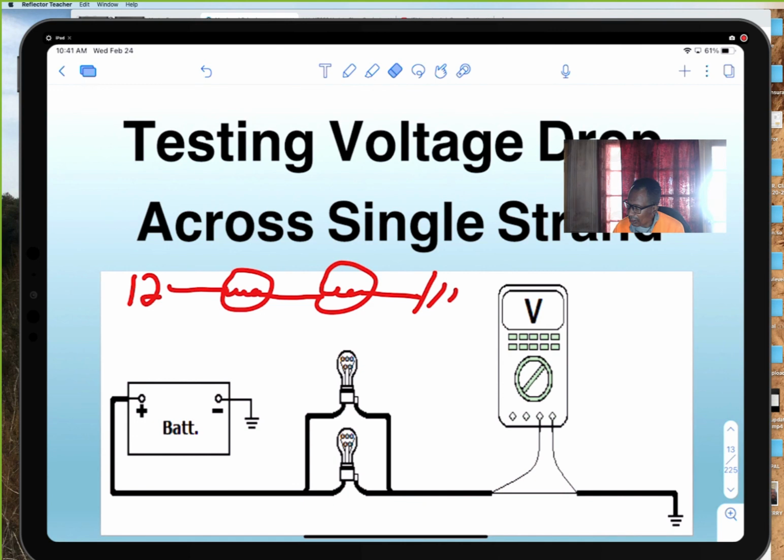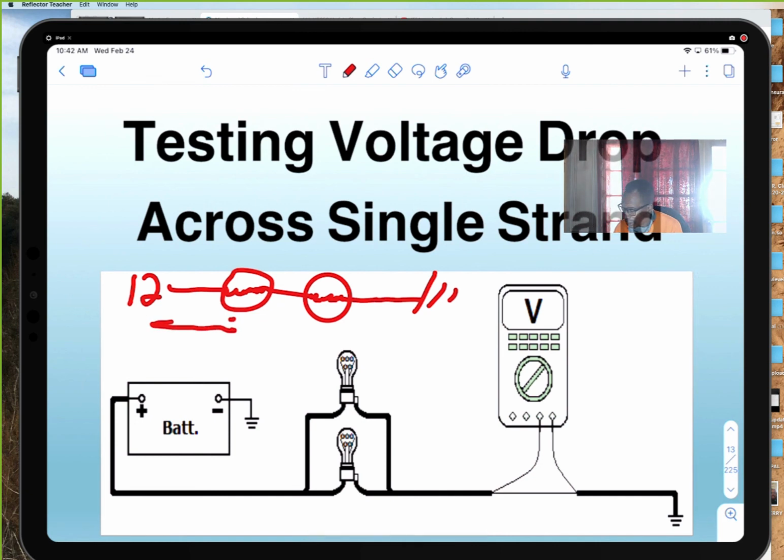Hold on, I gotta do it again. This is a series circuit when they follow one path to ground.